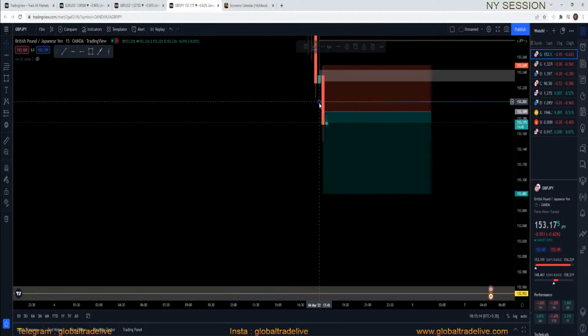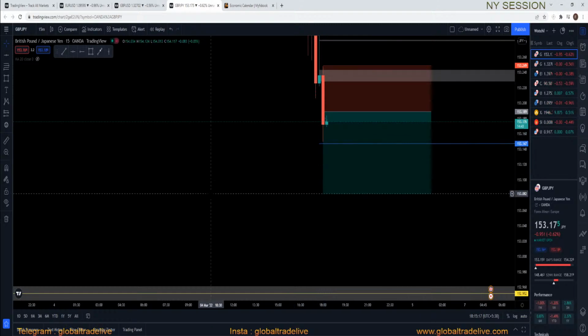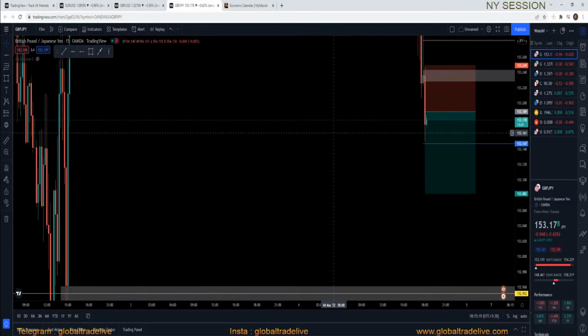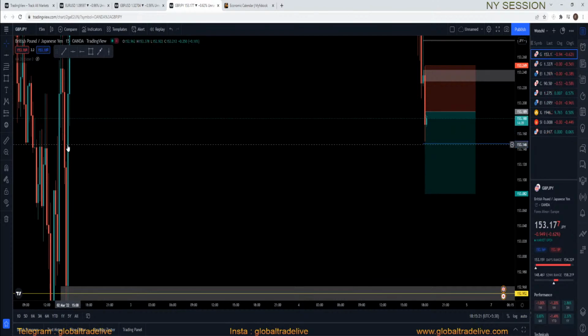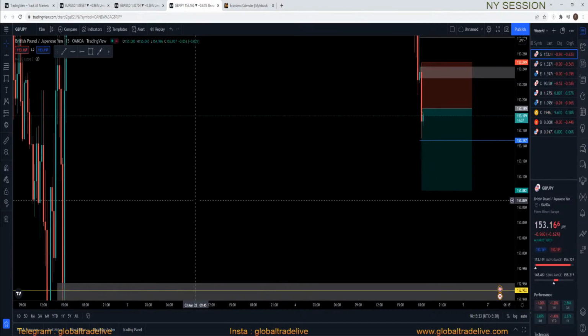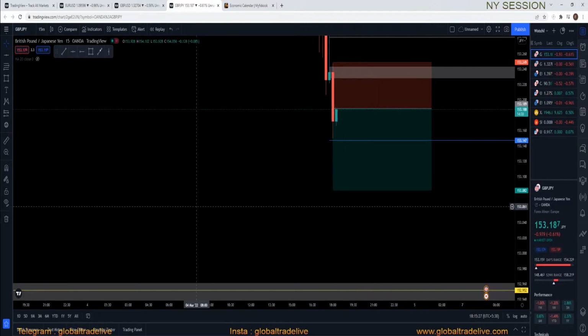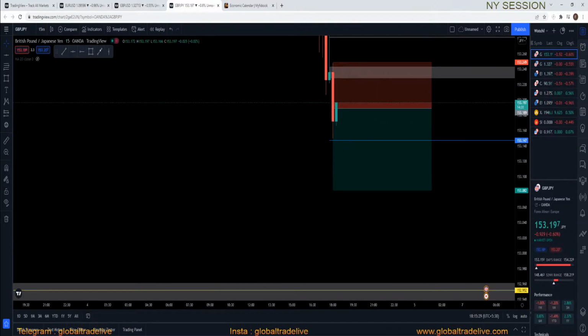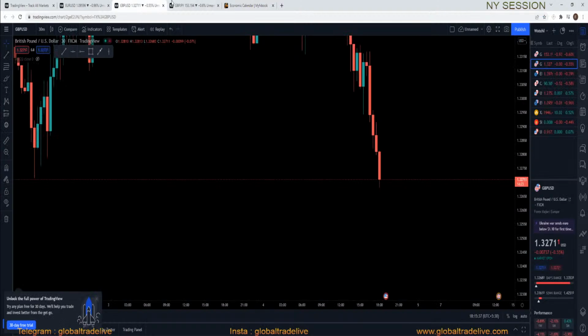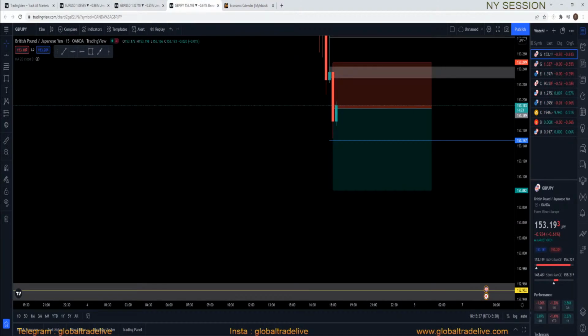So now I think if we have a break below this area, then we have this clean range to cover up, and market might just push down with heavy volume. 44 minutes remaining for the news to come in.